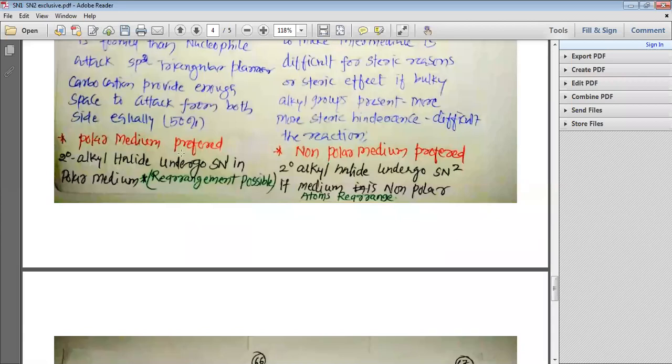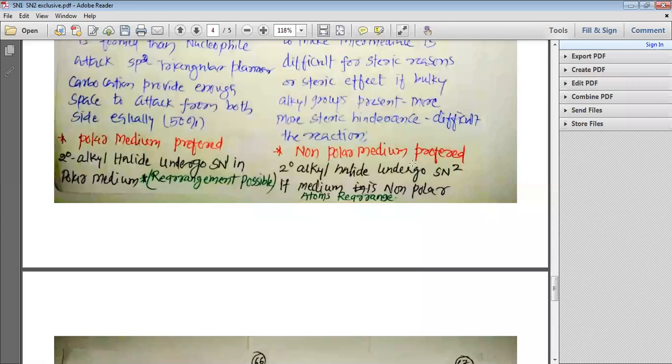The secondary alkyl halide undergoes the SN1 mechanism when the reaction is going in a polar medium. And here, rearrangement is possible. That means if a primary carbocation is formed, it can rearrange itself to secondary. If a secondary carbocation is formed, it can rearrange itself to the tertiary carbocation.